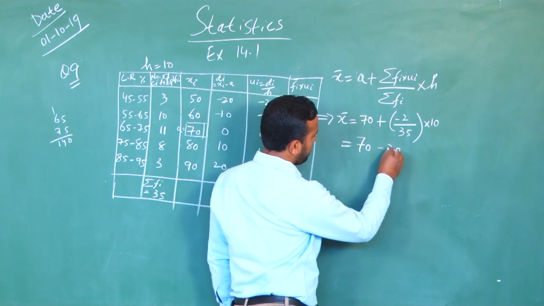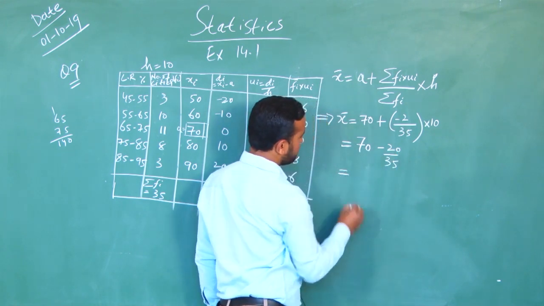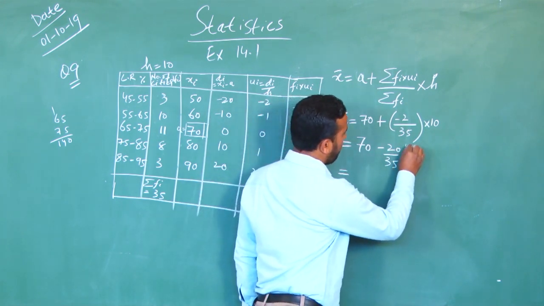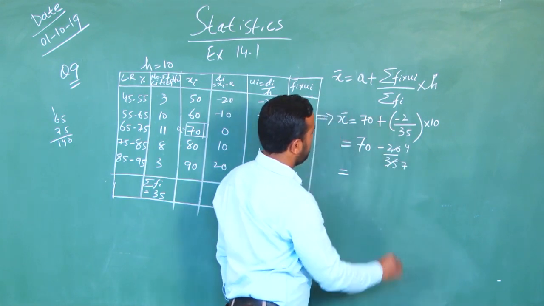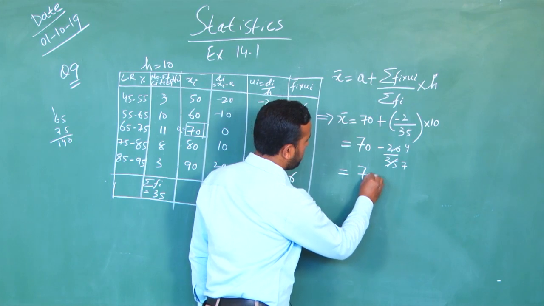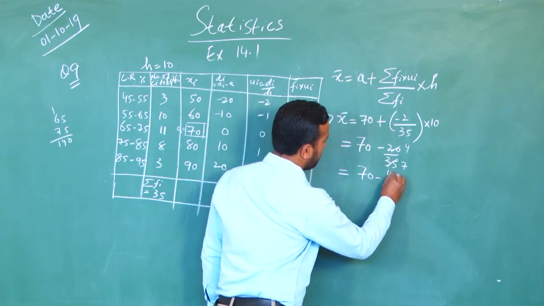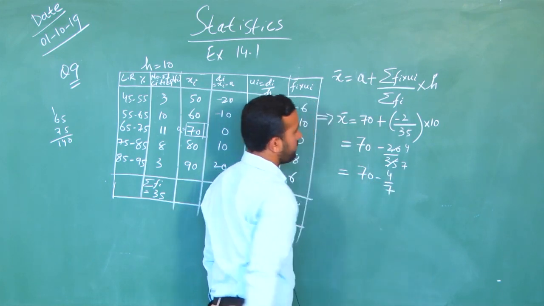After that, the simple calculations are very easy now. 5 4s are 20, 5 7s are 35. So that is 70 minus 4 by 7.